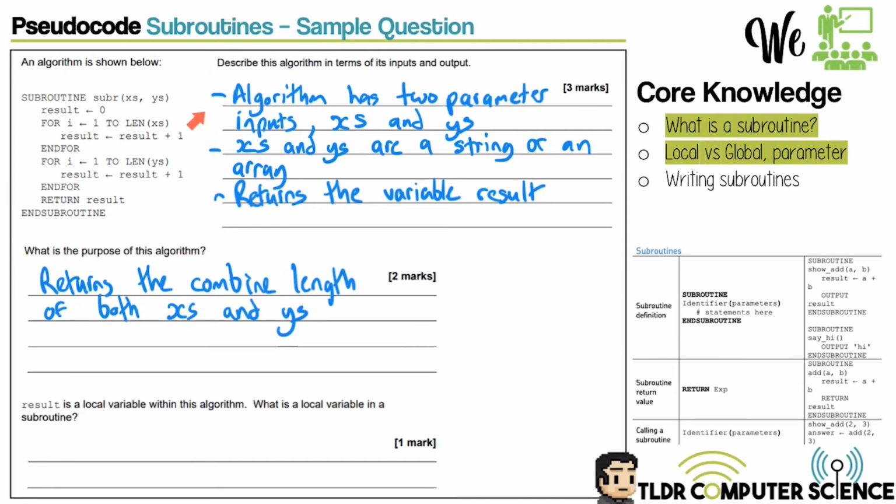If there were another subroutine here, or a main bit of code up here, it would not be visible. So a local variable is only visible within its own subroutine. And as soon as the subroutine is finished executing, it disappears again. It's not visible outside it.